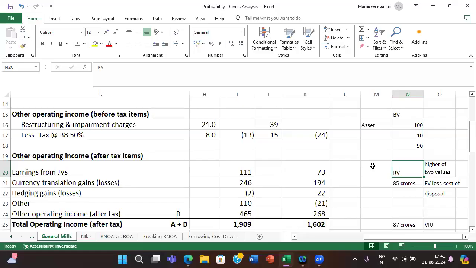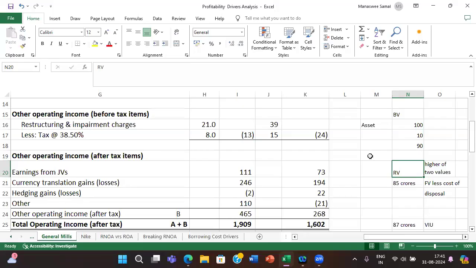It means GAAP is saying if the maximum value you are going to recover from the asset is 87 crore, then why are you going to show the asset at 90 crore to the world? It means there is an embedded loss of 3 crore in the value which you are showing in the balance sheet. And this value you are never going to realize, neither through sale of the asset today, nor through continued use. Therefore, write down the asset value to 87 crore.